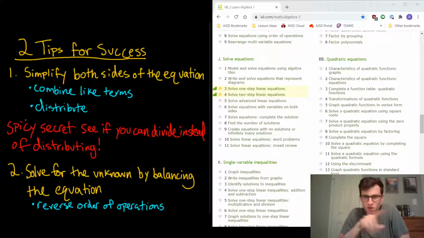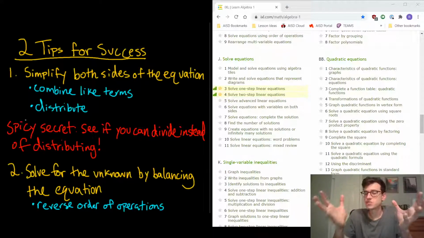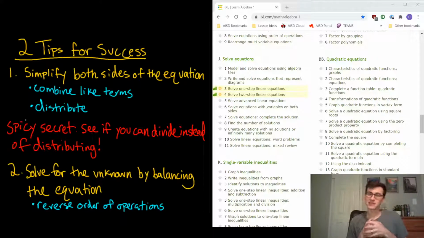But before I start just solving problems, I want to give you a few tips for success, and this really applies to any equation that you're trying to solve, but especially these more complex ones. The first tip I have for you is to simplify both sides of the equation. So that might look like combining like terms before you start trying to move things around, or it might look like distributing.